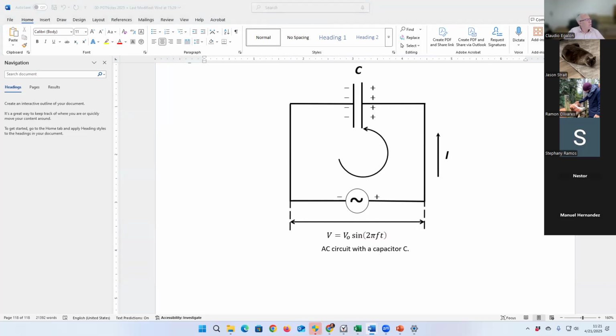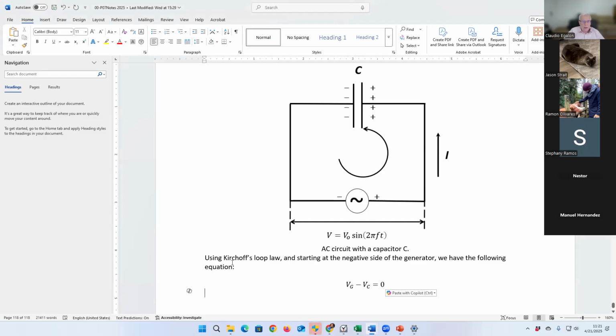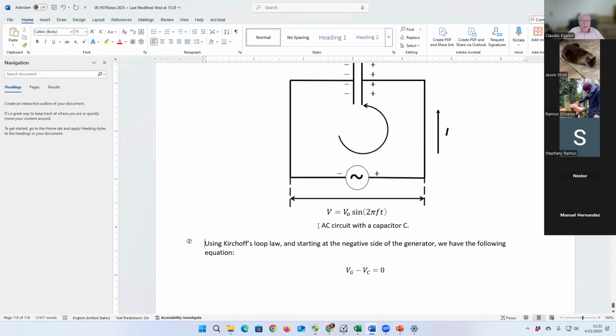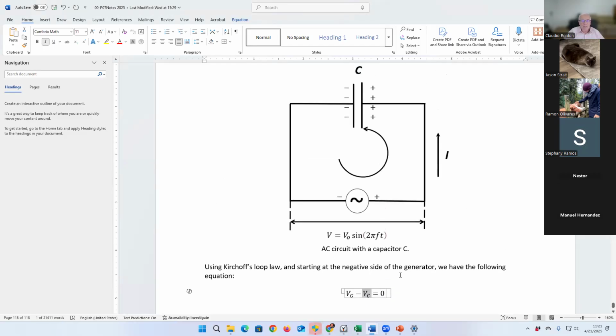And then, just like before, using the Kirchhoff loop law, we have the following relation. V through the generator minus V through the capacitor, going from positive to negative, equal to 0.